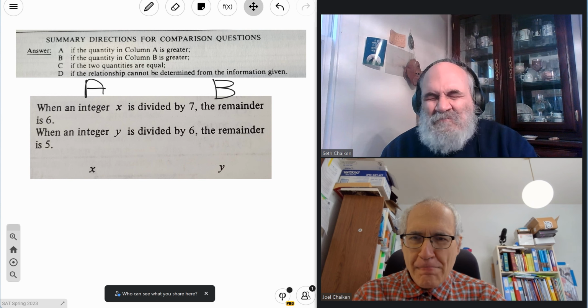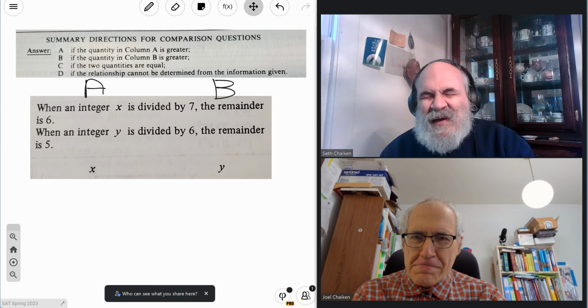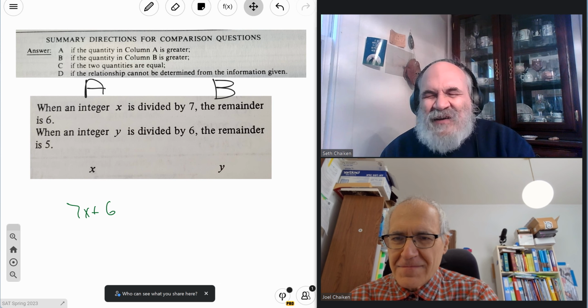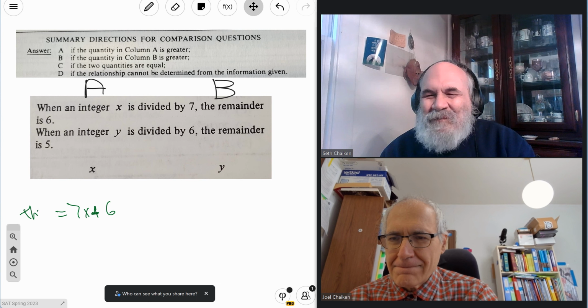I'm thinking negative numbers too. X could be very, very small. X could be simply 6. X could be very, very big and still, divided by 7, the remainder is 6.